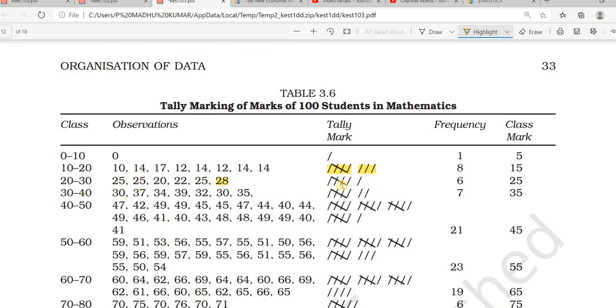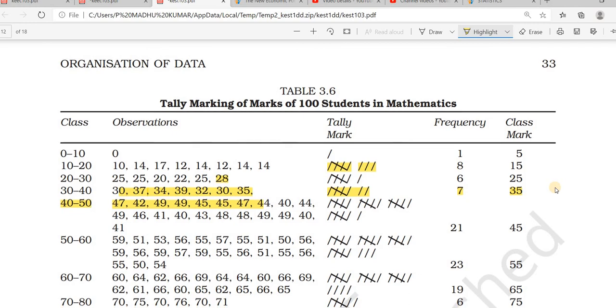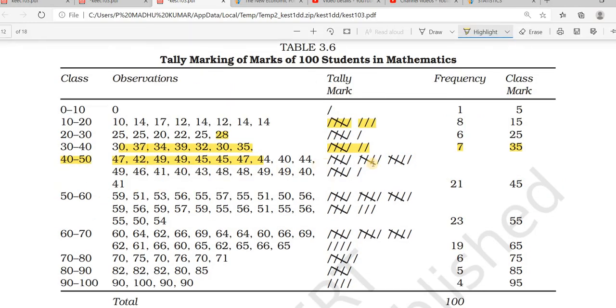Next one, it is 5 plus 2. You can count this: 1, 2, 3, 4, 5, 6, 7. That is why here 5 tally marks plus 2. Then the frequency is 7. Then the class mark is 35. In the next class we can count it here.